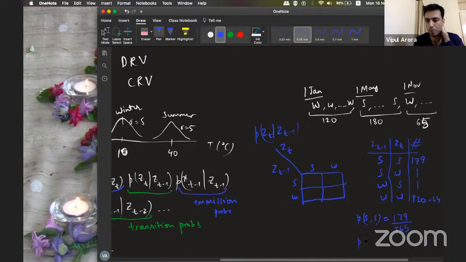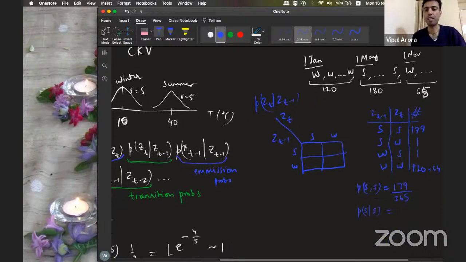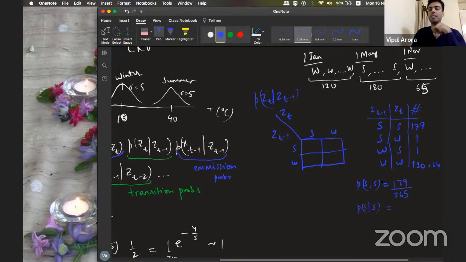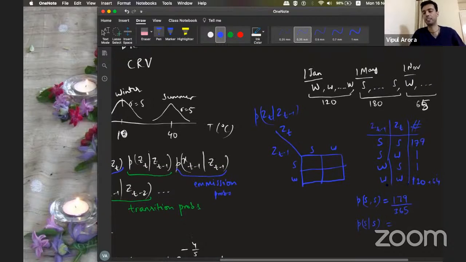But we want to compute P of S given S. What I get from this table is P of S comma S, where Z_{t-1} is S and Z_t is S. But summer given summer will be P of S comma S divided by P of S. Can anybody tell what is P of S?